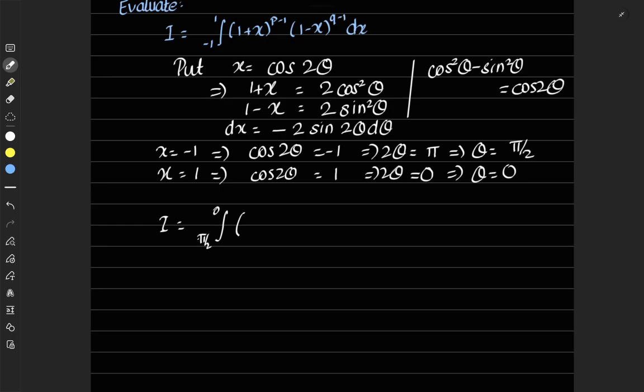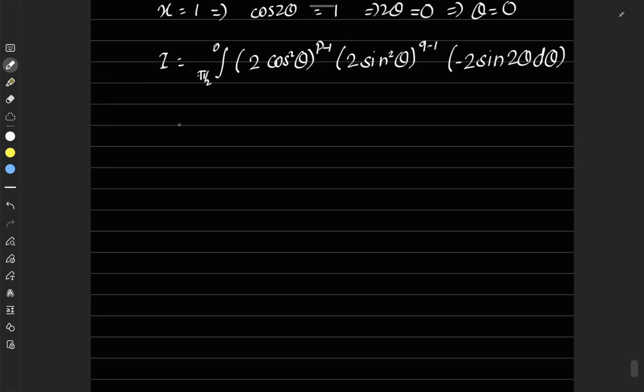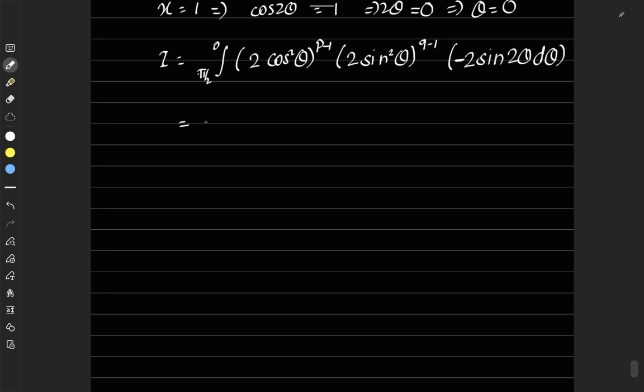This quantity can be written down as 2 cos square theta whole power p minus 1, this quantity as 2 sine square theta whole power q minus 1, and dx can be written as minus 2 sine 2 theta d theta, but sine 2 theta is 2 sine theta cos theta, and I will use this negative sign to interchange the limits.